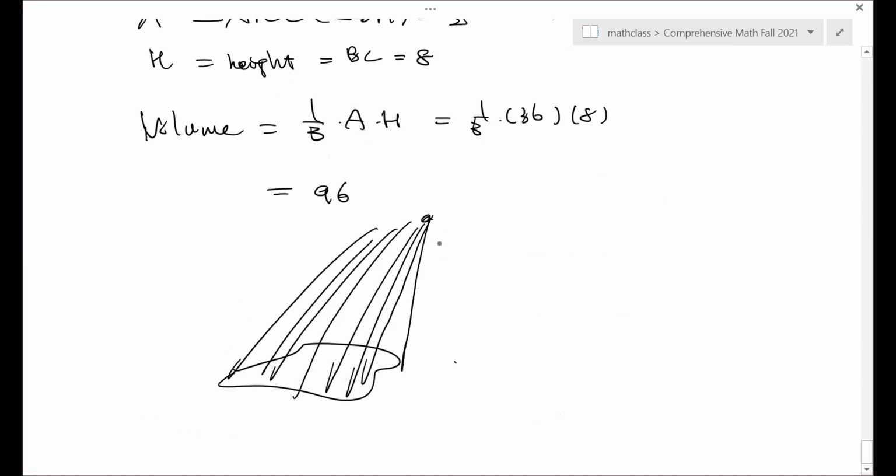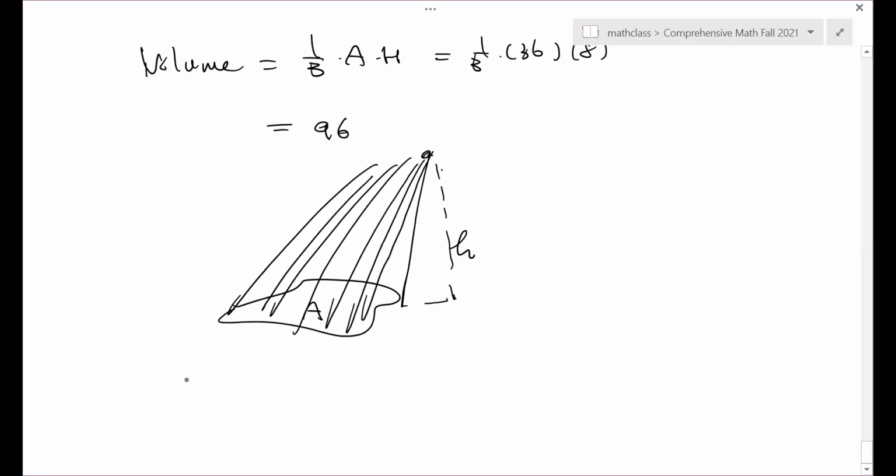So if the height of the cone is H, and the area of the base is A, then the volume is 1/3 A times H. And the base can be a triangle, a circle, a square, a rectangle.